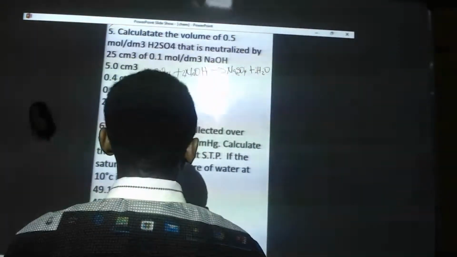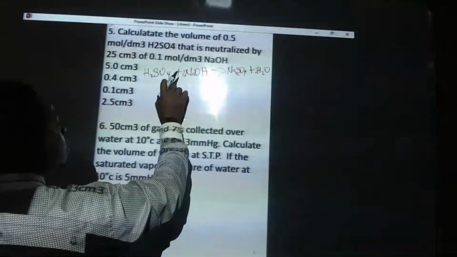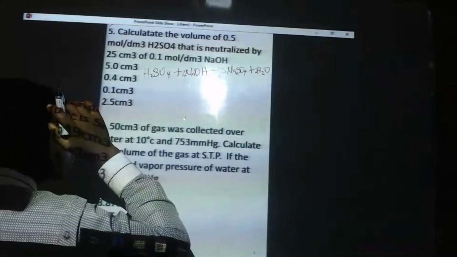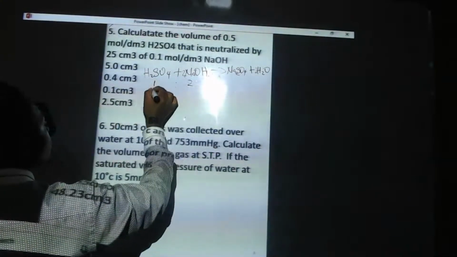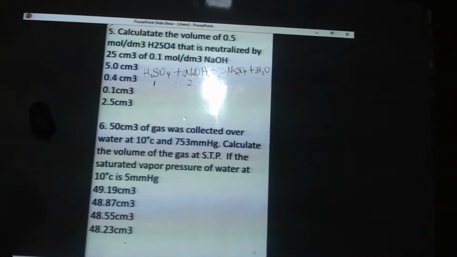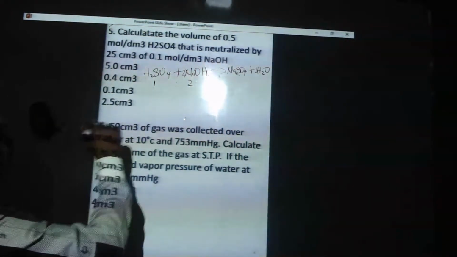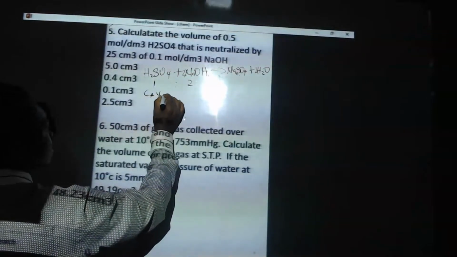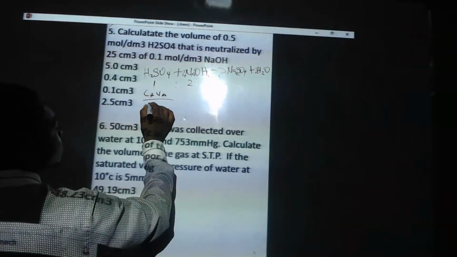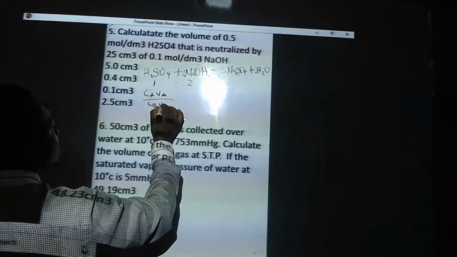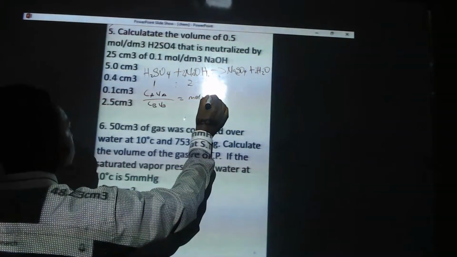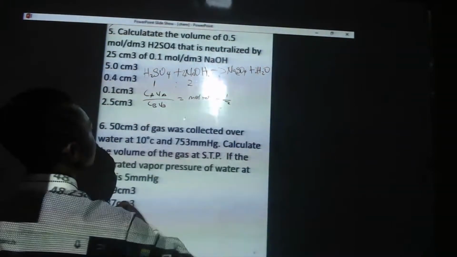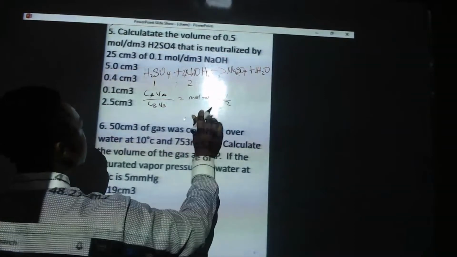So the mole ratio here is 1:2. Now when you're given the volume of your acid, this is going to be CaVa over CbVb, which is equal to your mole ratio, which is 1/2.